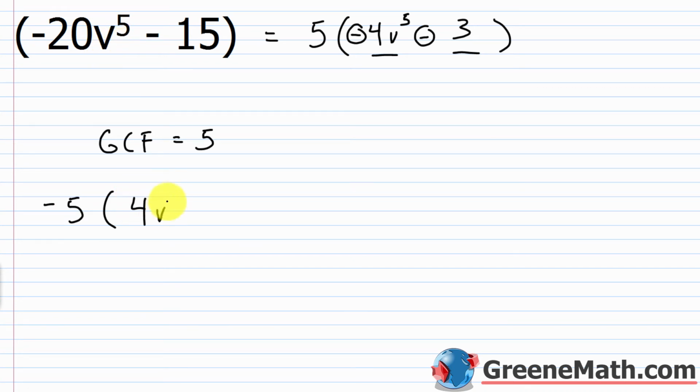Then I have v to the 5th power. -15, I'm going to include that sign there. -15 divided by -5 is +3. So either way you do it, if you went back and used your distributive property, you get this back. But by definition, 5 is the greatest common factor, so this would be the true answer. But again, in some cases, you're going to need to factor out the negative of the GCF, and so you'd want to do it this way.